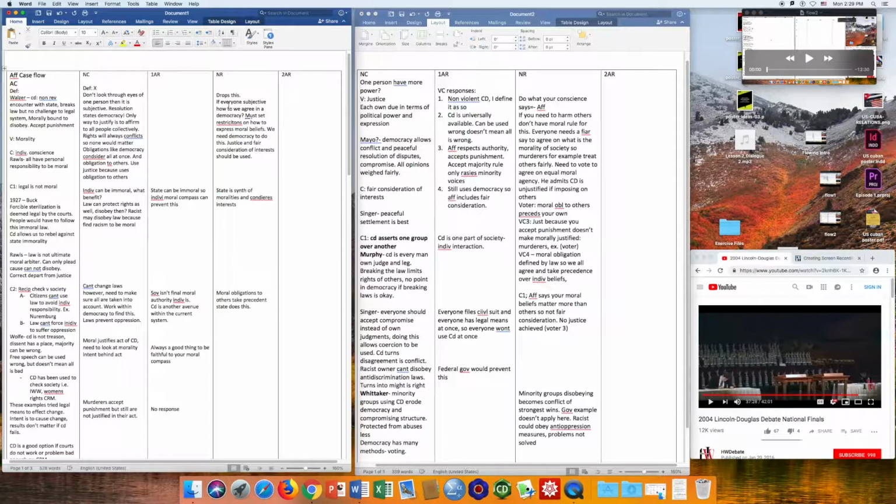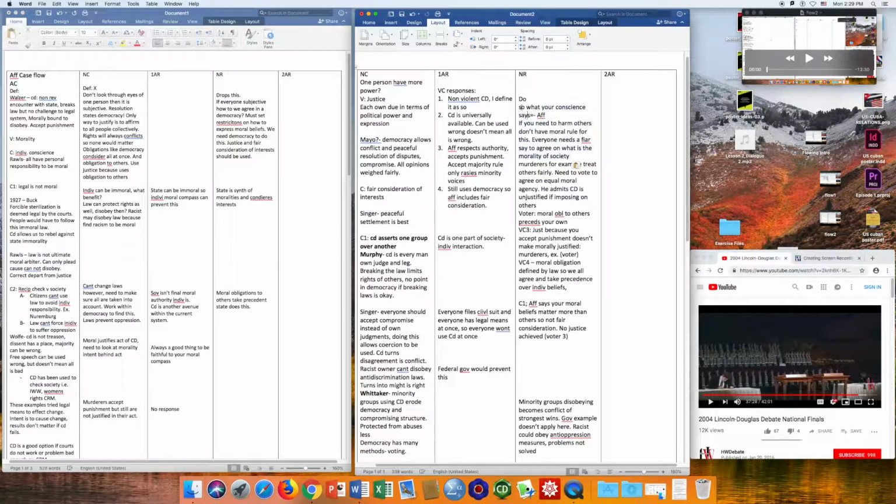So be ready to listen to what they're saying and figure out where in the flow to put it. So here he's saying that the negative didn't respond to this that well, and talks about his moral subjectivity point against the value criterion. Here he talks about the same thing, defending his moral subjectivity point. So the debate seems to be on the neg side for the framework.